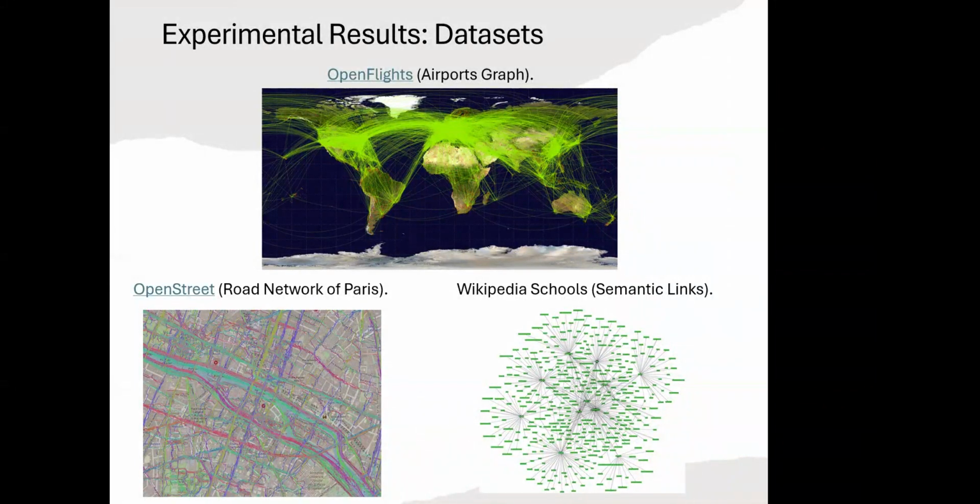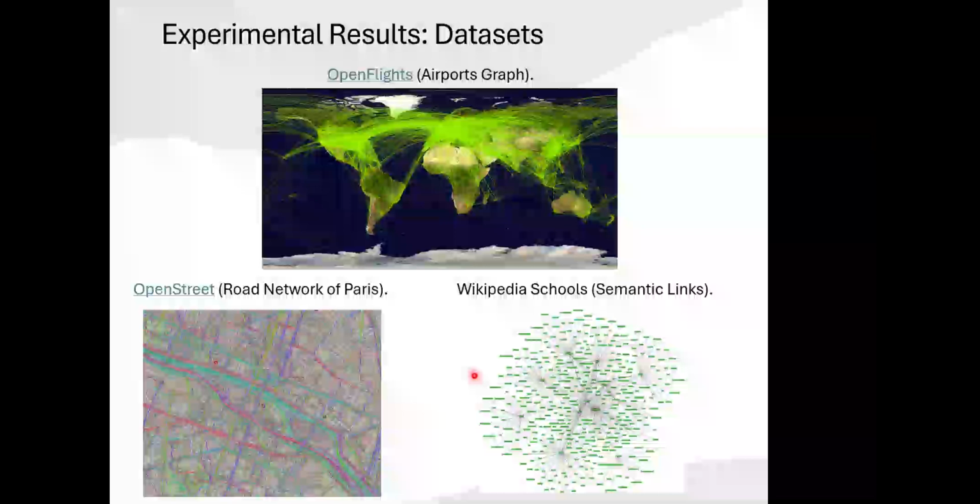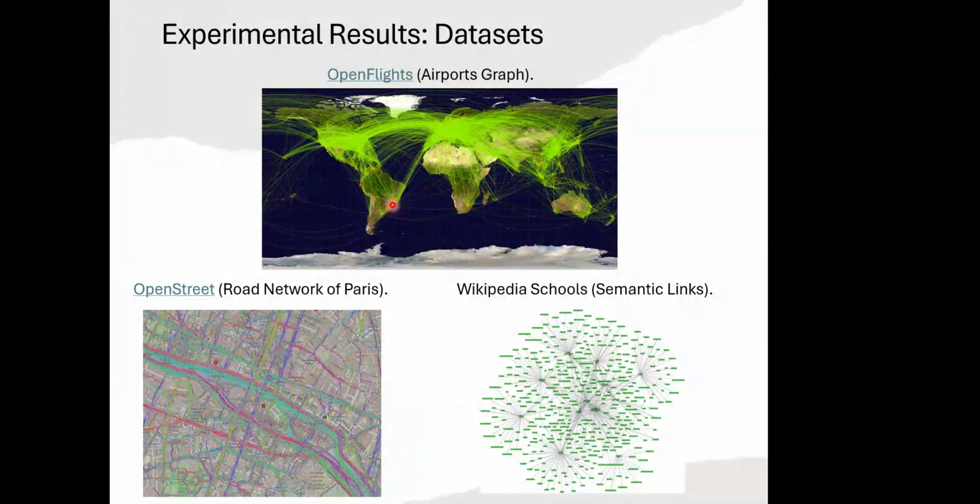For example, let's take, I'll use the laser pointer, this airport in Sao Paulo or Rio. We can see we got flights from Sao Paulo to Buenos Aires and also to some places in Europe. It seems like Portugal. Or let's see this airport in New Zealand, which connects to Australia a lot and to China.